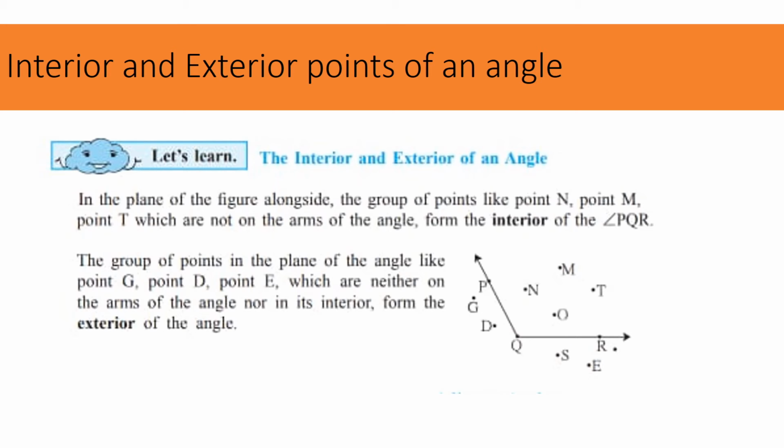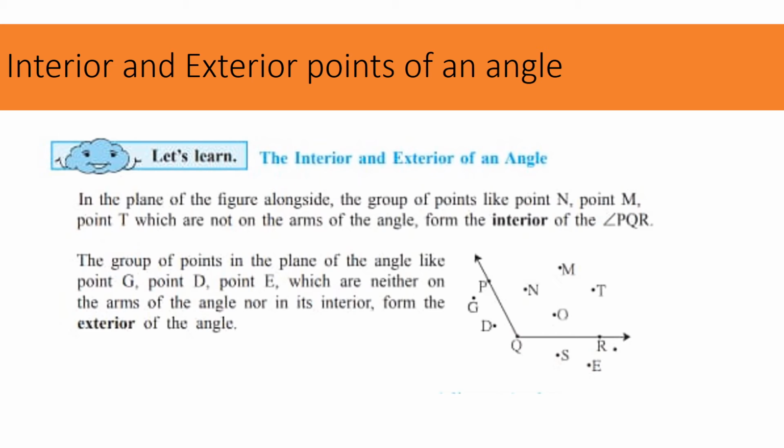So basically class, interior and exterior points क्या होते हैं angle के? Now we'll learn. This is the picture I have taken from your textbook. So in the plane of the figure alongside, the groups of points like point N, M, O and T, all these 4 points which are not on the arms of the angle, जो के angle पे नहीं है, form the interior of the angle PQR.